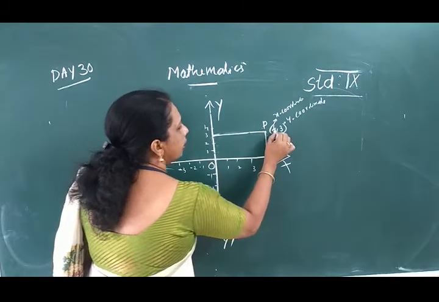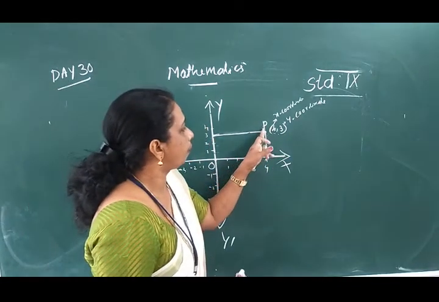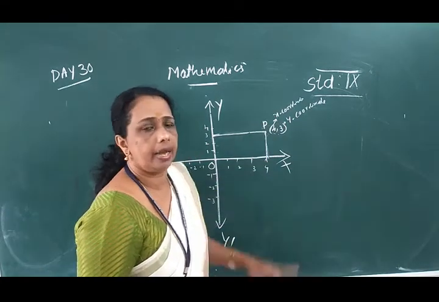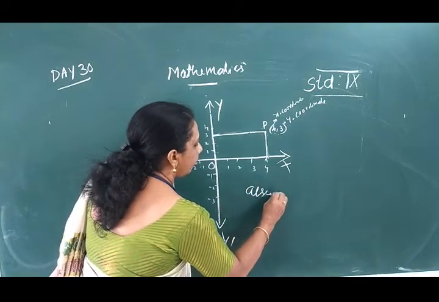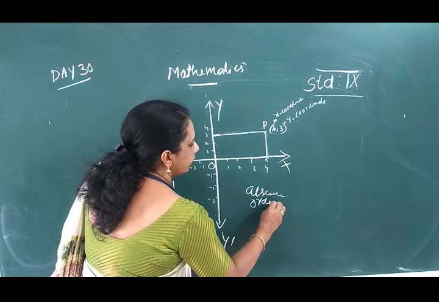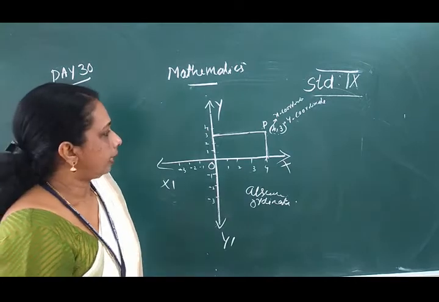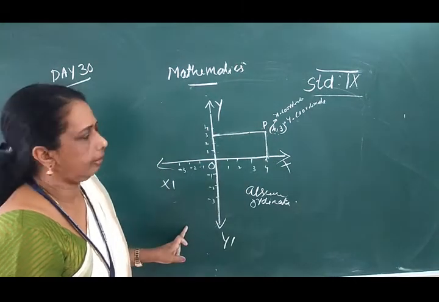This is 3. So 4, 3 are the coordinates of the point P. The x coordinate is called the abscissa, as already explained, and the y coordinate is called the ordinate. That is the coordinates of a point in the Cartesian plane.